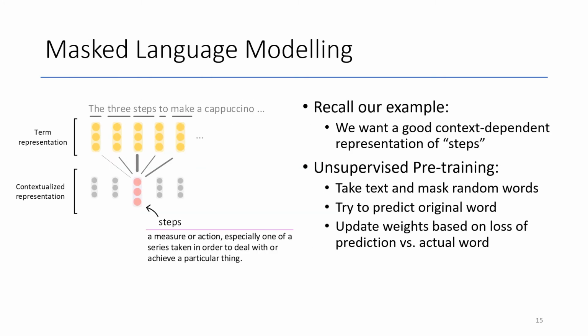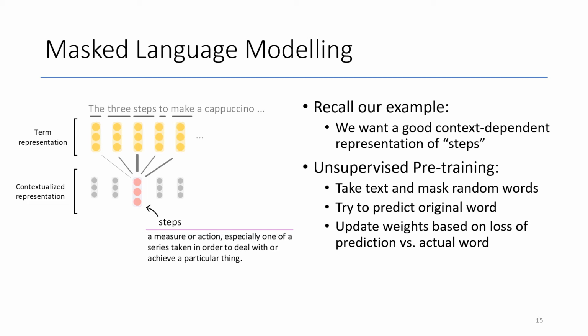One very commonly used technique for pre-training transformers is the so-called masked language modeling. And for that, let's recall our example from before, where we want to have a very good context-dependent representation of the word steps and pinpoint the exact meaning of the word steps in the vector space.